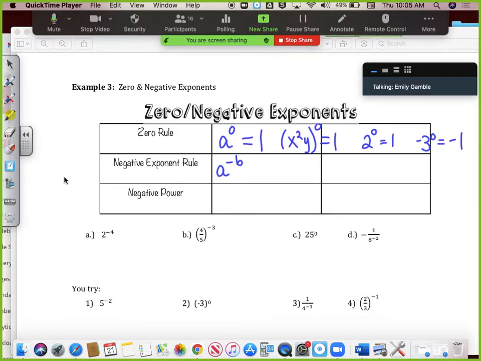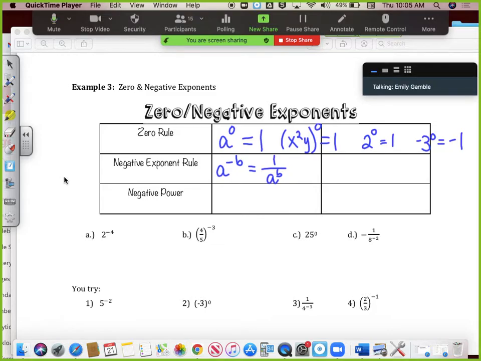The negative exponent rule means that when you have a base number to a negative number as its exponent, it actually takes that number and turns it upside down into its reciprocal. In this case, this would turn into 1 over a to the power of b, like that.